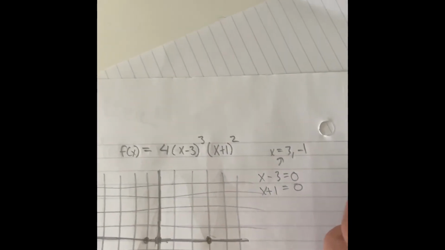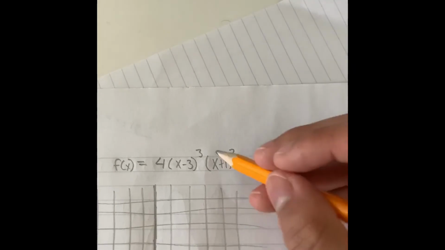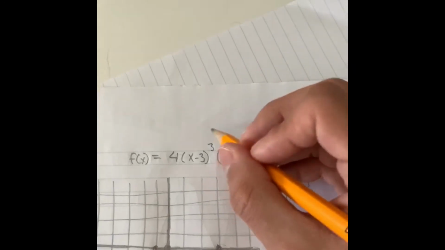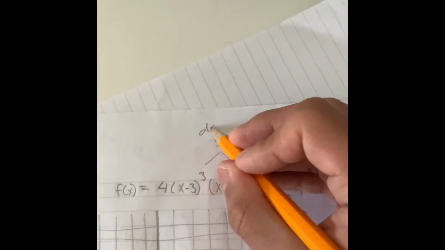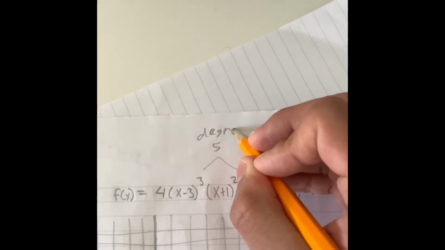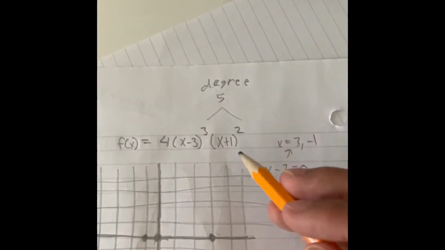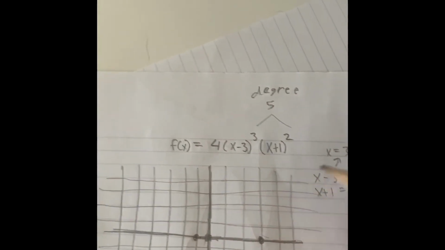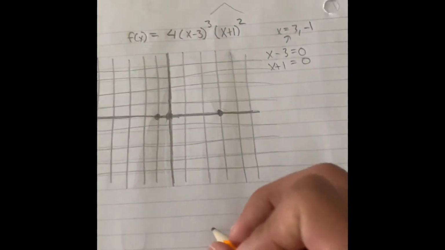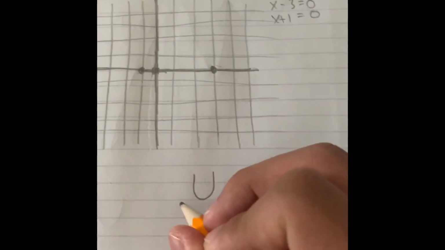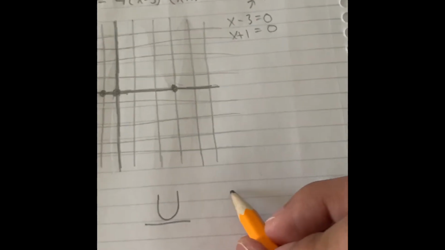So now with that, we look at what the degree is. 3 plus 2 is 5. So the degree of this polynomial is 5. It's still odd. Now remember, if the degree is even, it would look like that. If it was odd, it looks like a squiggle.